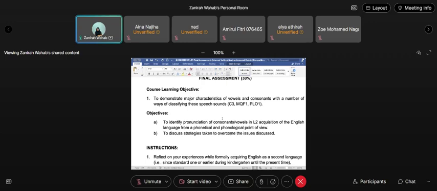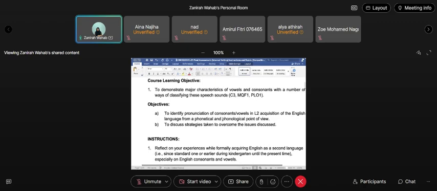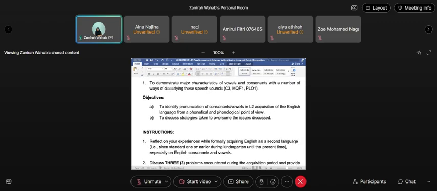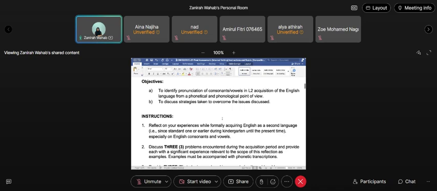We would assess this through your final exam, but since we no longer have a final examination, we assess this through the final assessment.